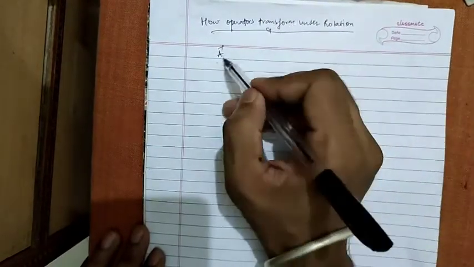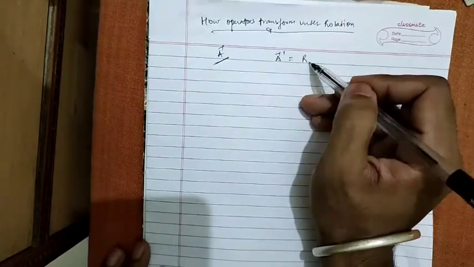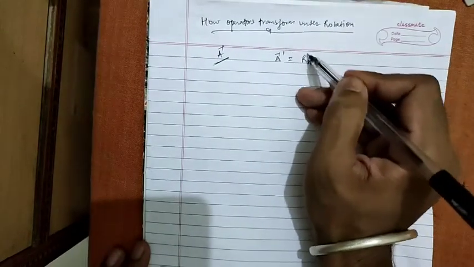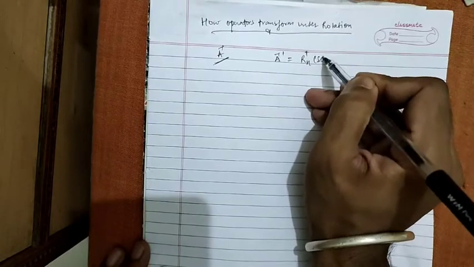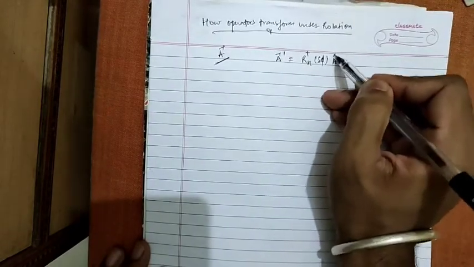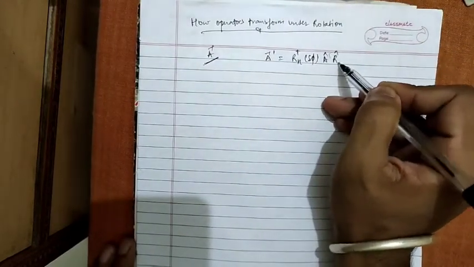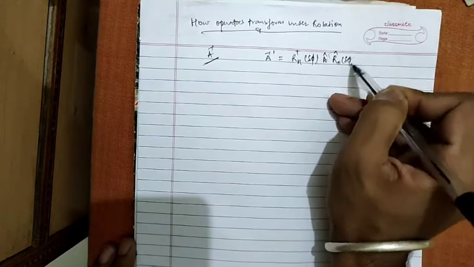The transformation of this operator A can be given as A dash, about any arbitrary axis n by an angle del phi.